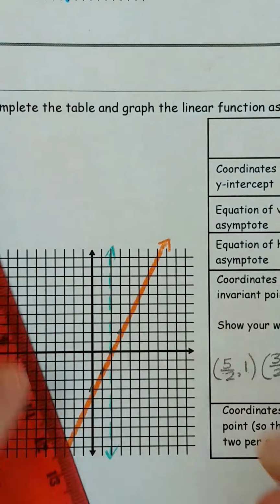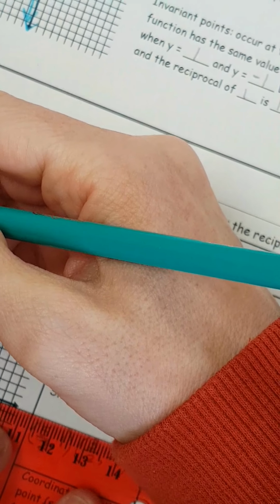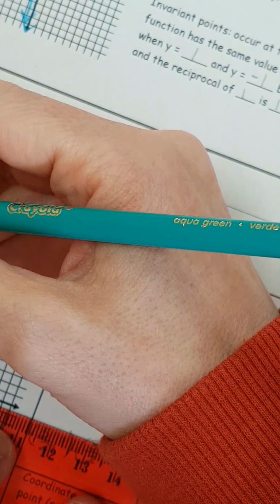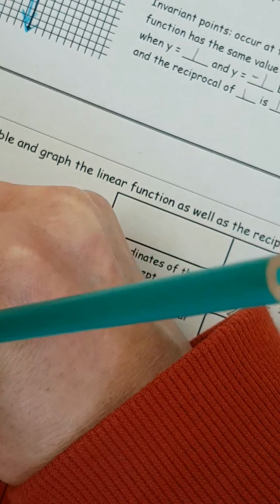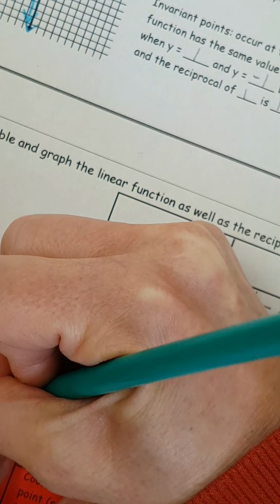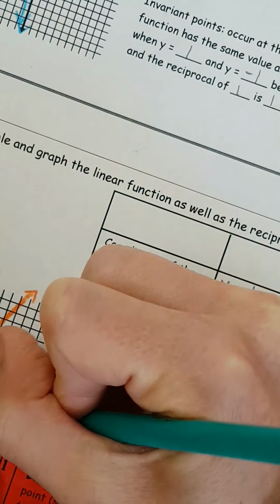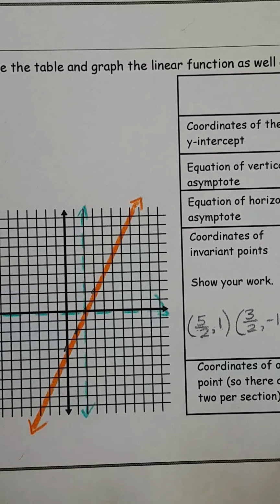And you'll start to see these patterns when you graph them, because you can't just have any kind of graph for these. And that's what I think is pretty neat about it. One of the things, anyway. All right, so those are my asymptotes.